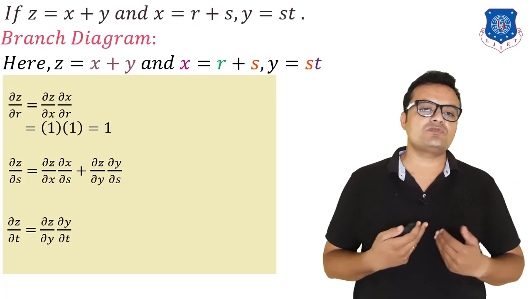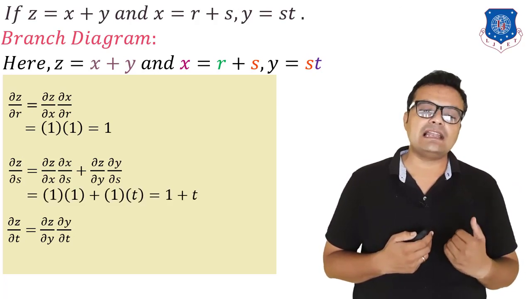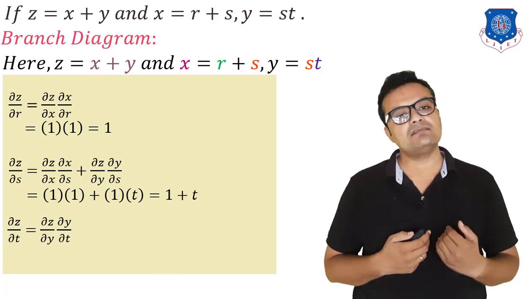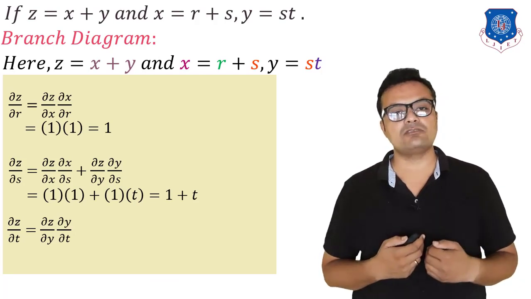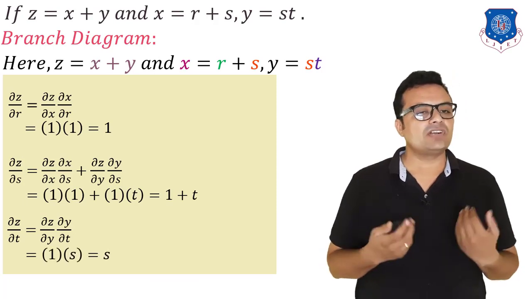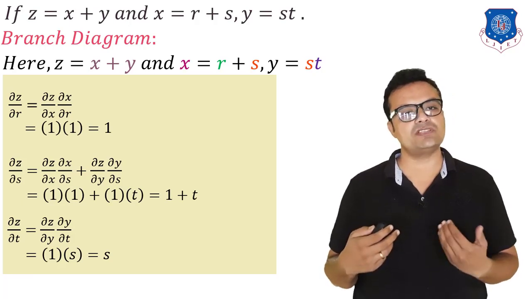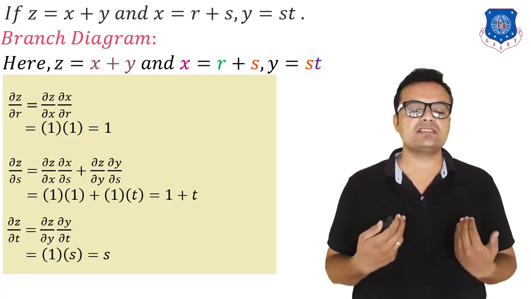If I take the second situation, del z by del x is 1, del x by del s is also 1, del z by del y is 1, and del y by del s is equal to t. So the final answer is 1 plus t. And finally, del z by del t. So it is del z by del y, which is 1, and del y by del t, which is s.